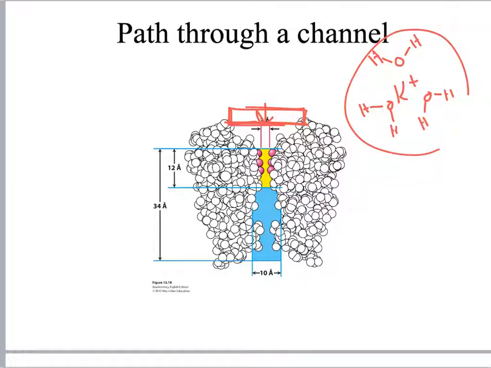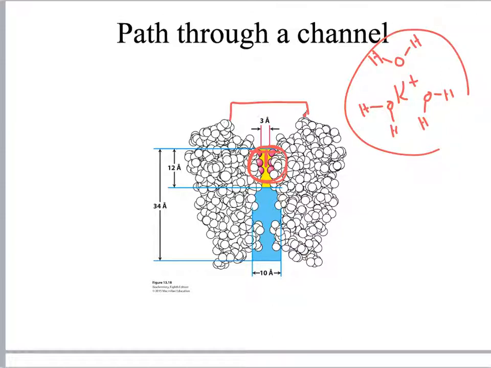But then our pore is going to start to narrow here. So we see that what was pretty wide at the top is narrowing down to about 3 angstroms here. So the potassium has to lose its hydration sphere. Interactions between the ion and the pore have to compensate for the loss of that hydration sphere. So the hydration sphere goes away, and the ions are going to interact with the residues that are within this small portion.